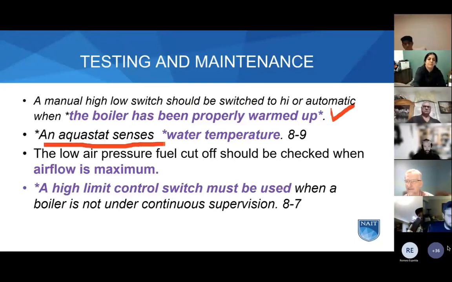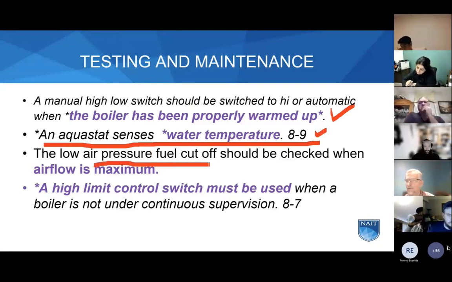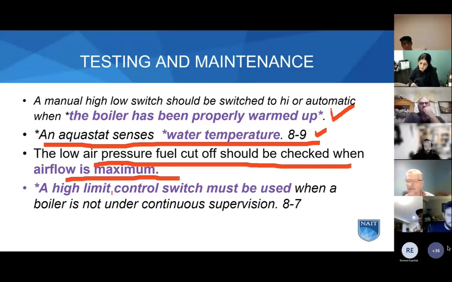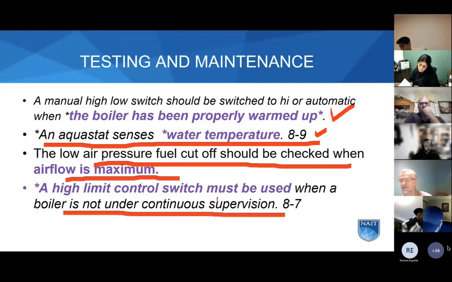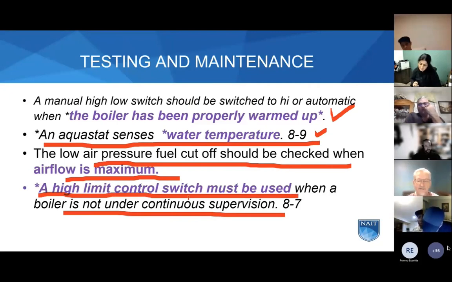An aquastat senses water temperature, uses a temperature signal to push a switch open or close with pressure. Low air pressure fuel cutoff checked when the airflow was maximum. And if a boiler is not under continuous supervision, we have code requirements to add a high limit safety device to that system.